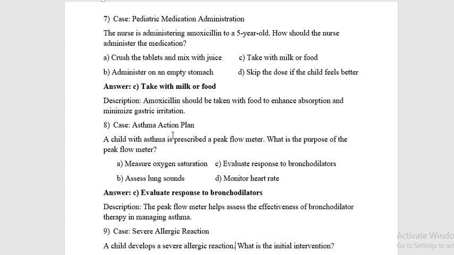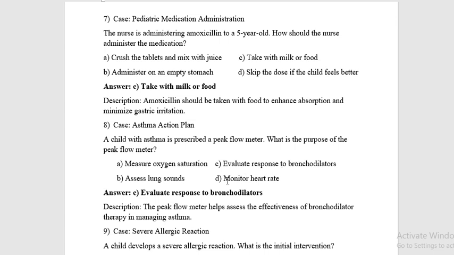Question number 8. Asthma action plan. A child with asthma is prescribed a peak flow meter. What is the purpose of the peak flow meter? A, measure oxygen saturation. Choice B, assess lung sounds. C, evaluate response to bronchodilators.